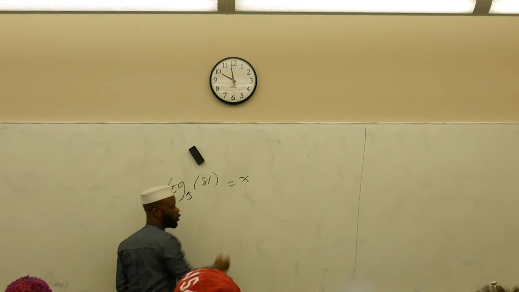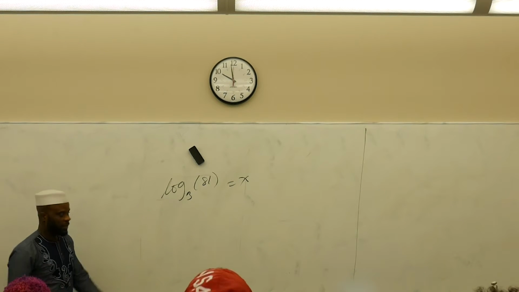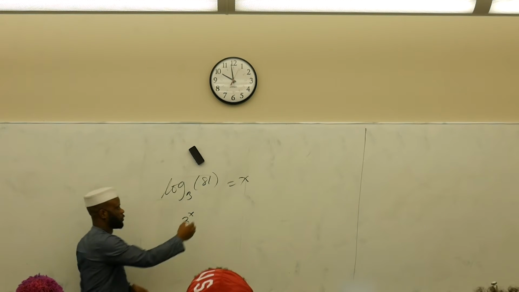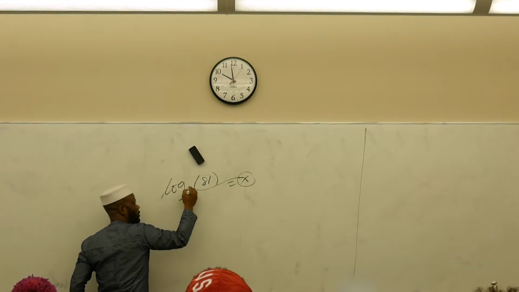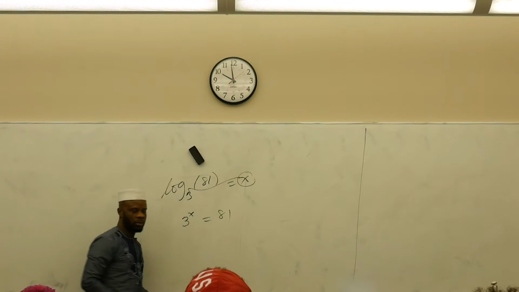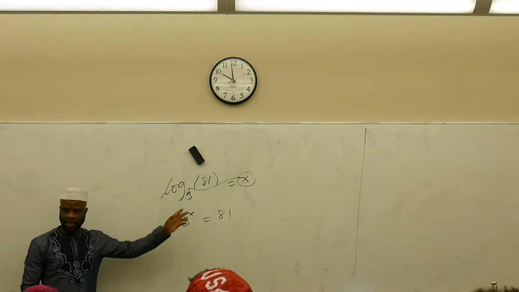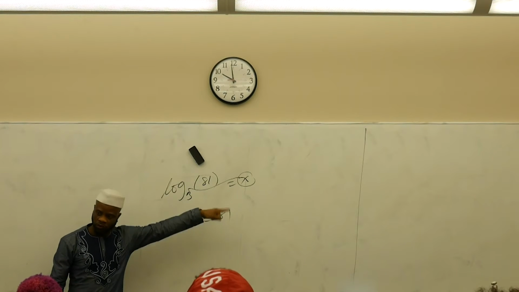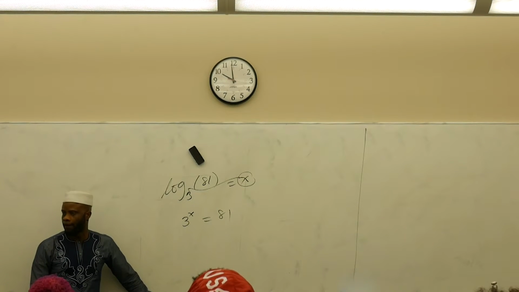And I said, well, if we don't know, we can write it as an x. And then I said, well, we can write this as what power of 3. So 3 to the x is 81. And then I wrote that as 9 squared, and then as 3 to the 4th.